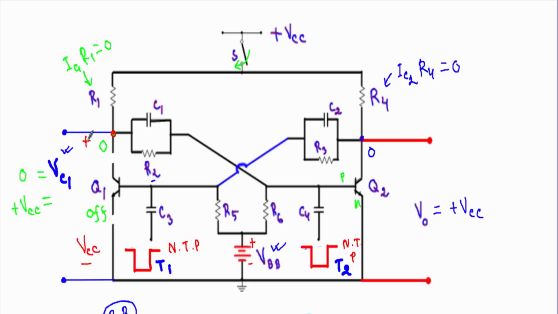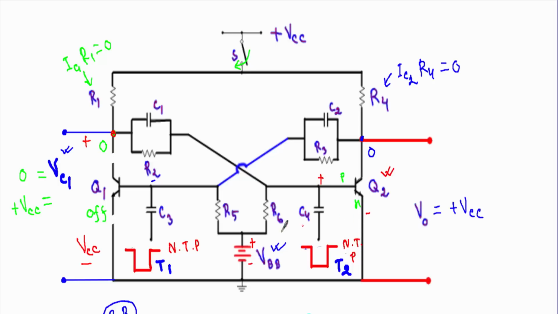And you will see that this VCC will be applied to the p-type base of the transistor Q2, and the negative terminal of this VCC will be connected with the n-type emitter of the transistor Q2. That means the voltage difference between this terminal and this terminal is trying to drive the transistor Q2 in on state by keeping the base to emitter junction in forward bias.